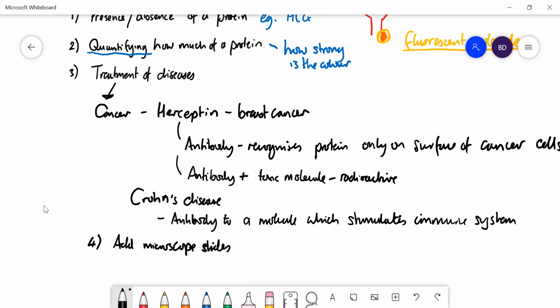You put a colored marker onto the monoclonal antibody. You put that onto the microscope slide, and it will color only those cells which contain insulin, because it will only bind to those cells with the insulin. It won't bind to the other ones, so it will show you exactly where in the pancreas the insulin is being produced.